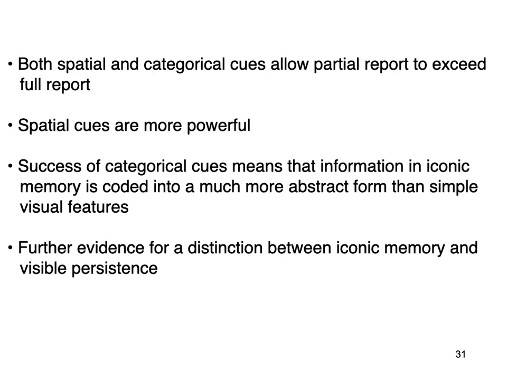Success of categorical cues means that information in iconic memory is coded in a more abstract form than just simple bundles of features. And that's further evidence for a distinction between one part of iconic memory and this very, very brief store that is responsible for visible persistence for the first 100 milliseconds after the onset of an image.